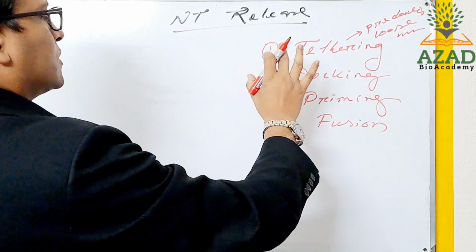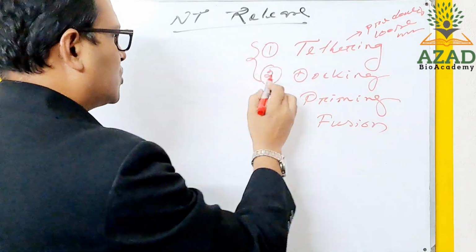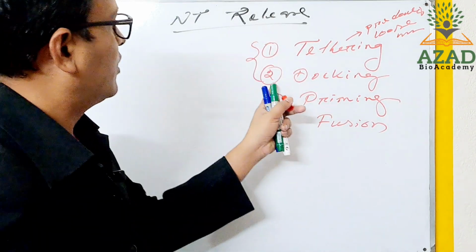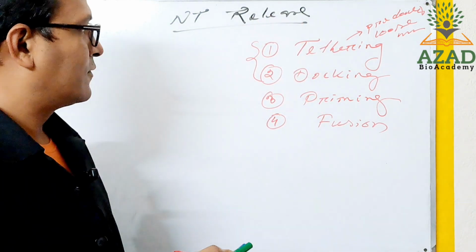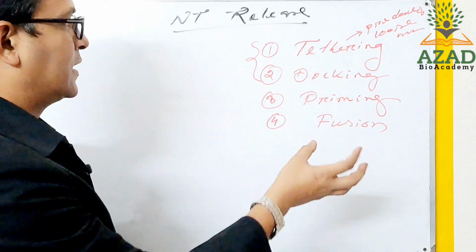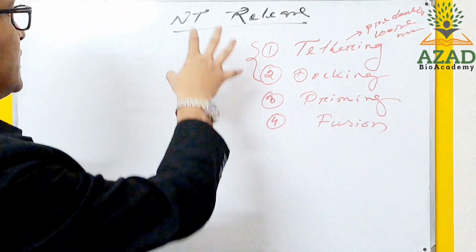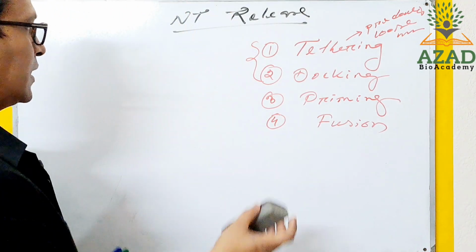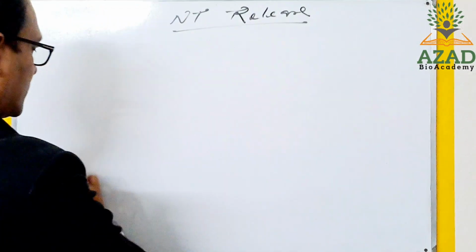Okay, sometimes these 2 points are together called docking. But for better understanding, I will say tethering, docking, priming, and fusion. And in this way, neurotransmitter will be released properly. How? Now come to the details.